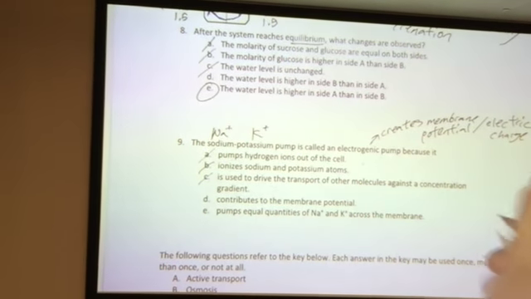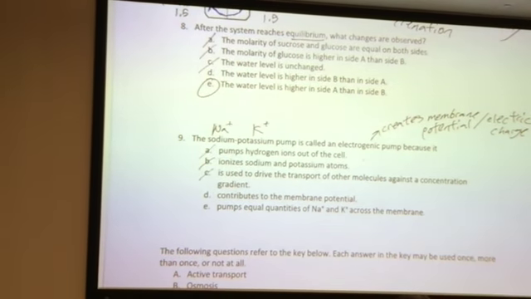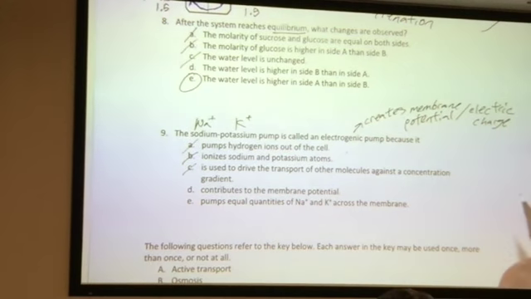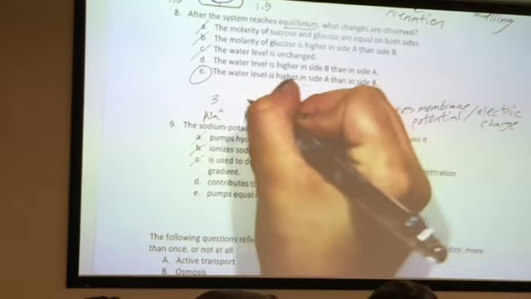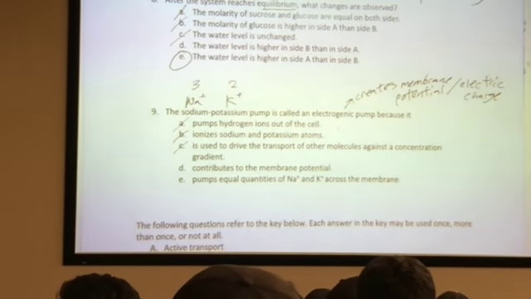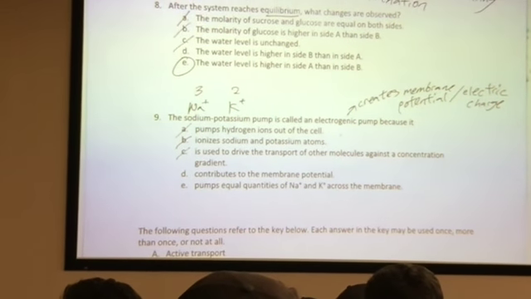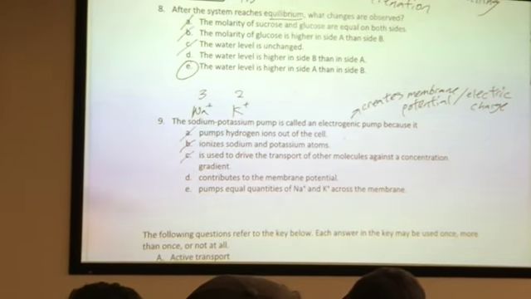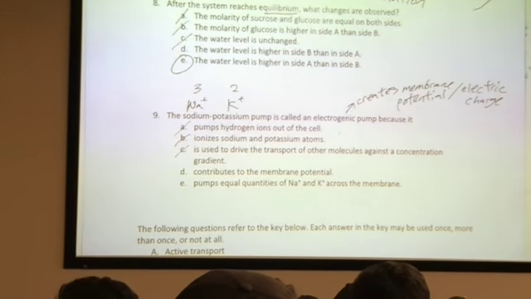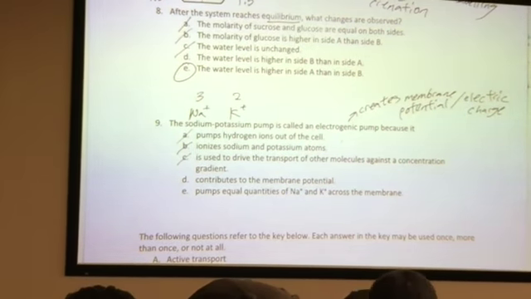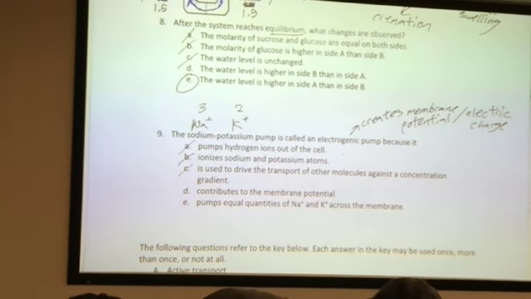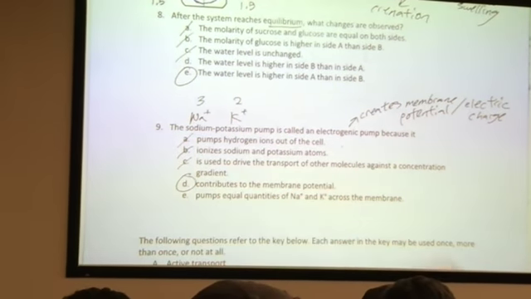And then the way that this works, again, this particular example, don't worry too much about, but it pumps 3 of these and 2 of these. And since they both have positive charges, by moving them across, it's going to make this huge charge difference, which again is going to be helpful later when we need to use that energy. So our answer is D.